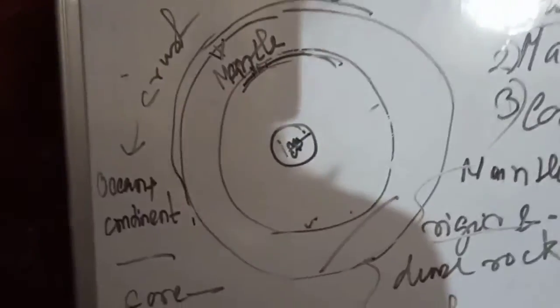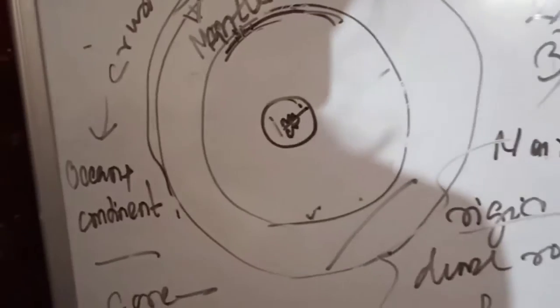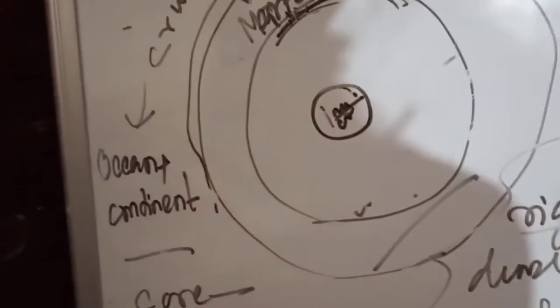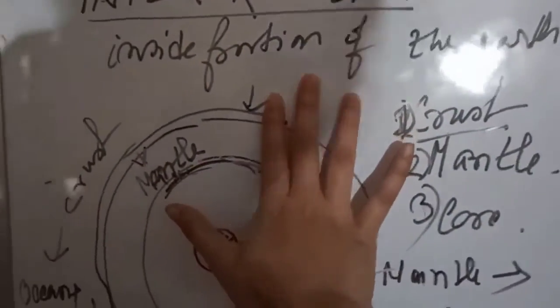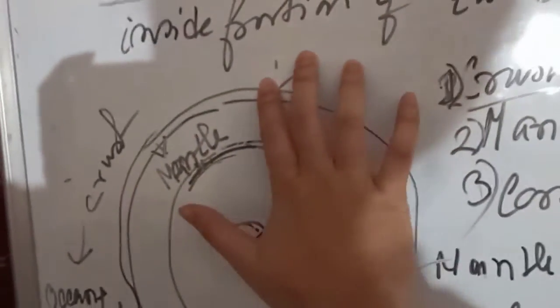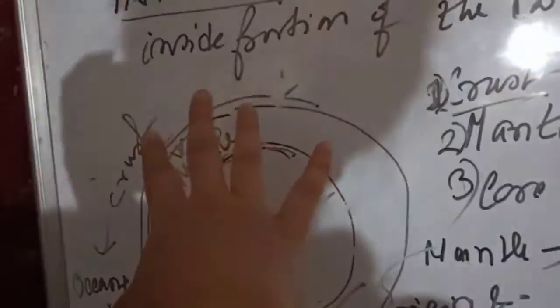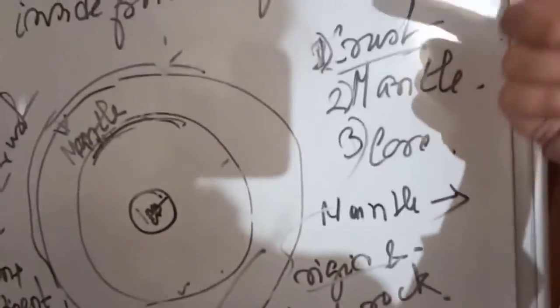Let me quickly revise what I said in this video. The interior of the earth chapter deals with the inner structure of the earth. The earth is divided into three portions: crust, mantle and core.